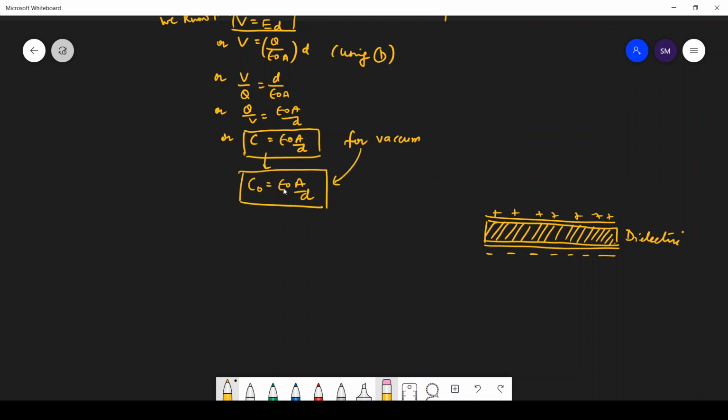C naught is telling you that this is for vacuum. Now the permittivity of this dielectric can be written as epsilon naught K. We did it in Coulomb's law also.